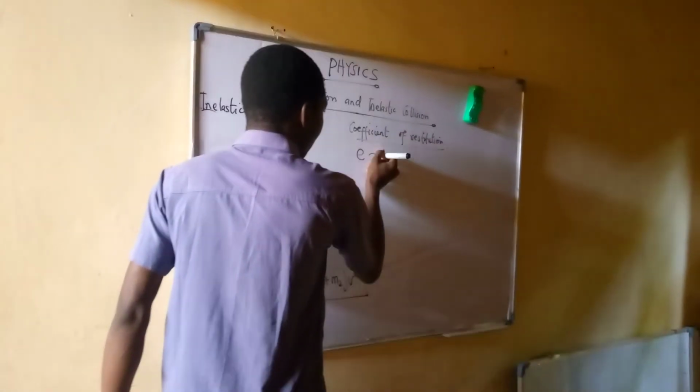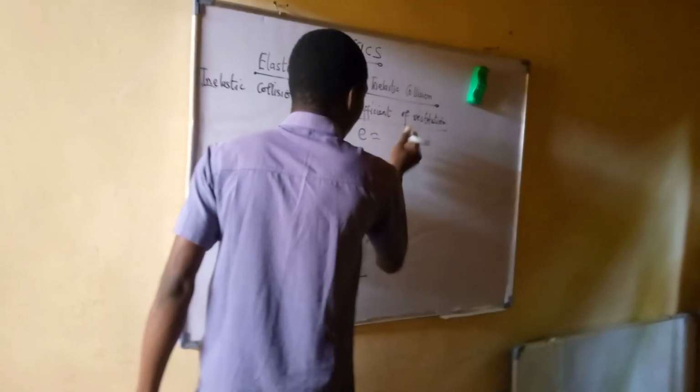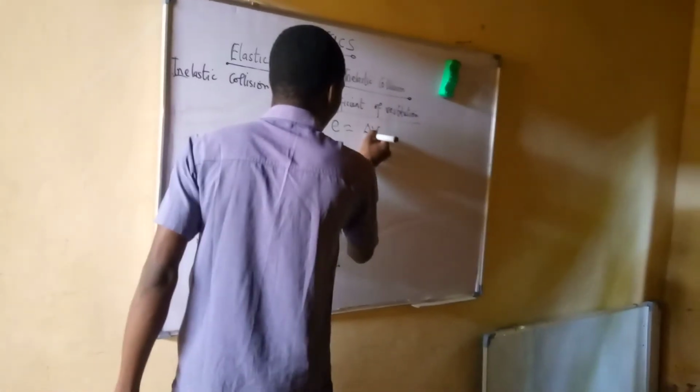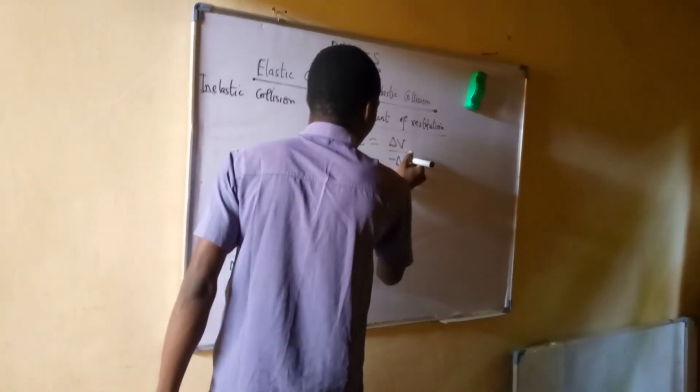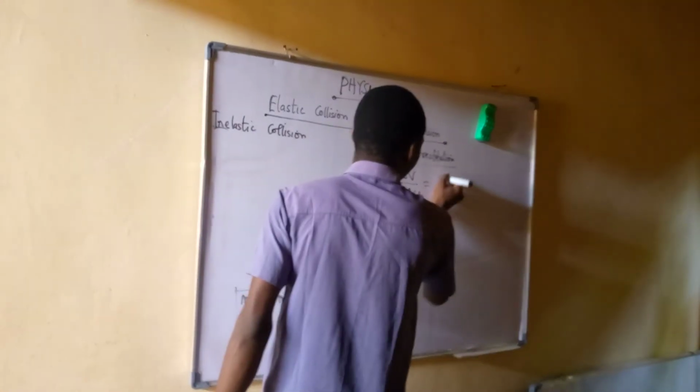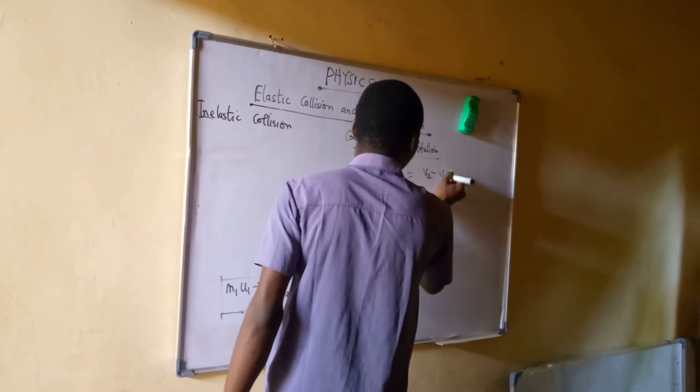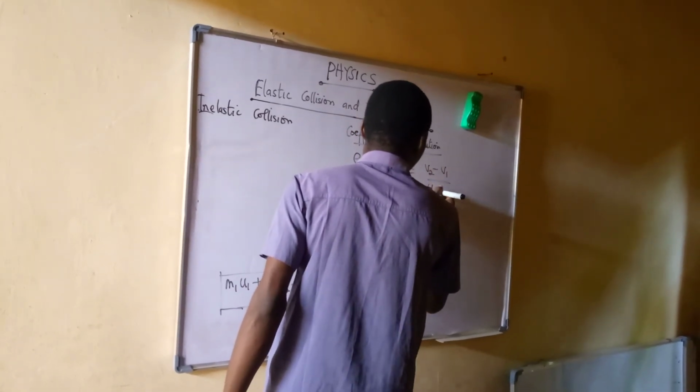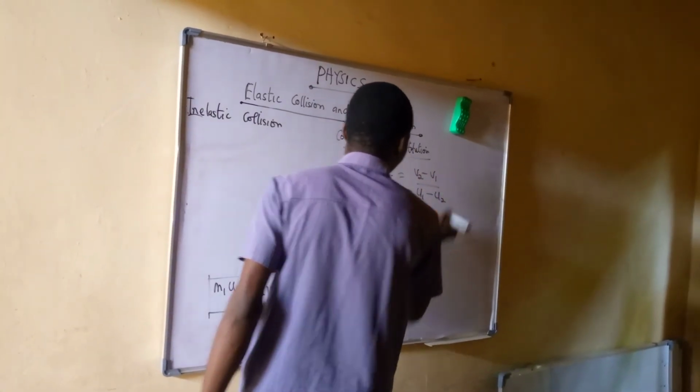You have e to be this over this, which means v2 minus v1 over u1 minus u2.